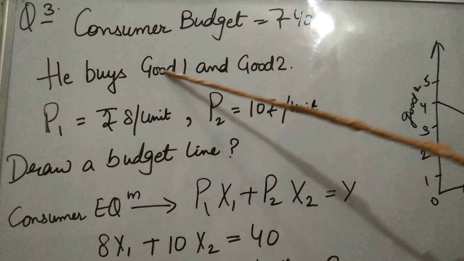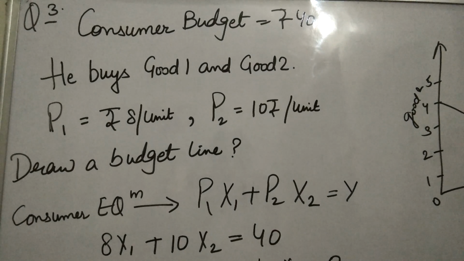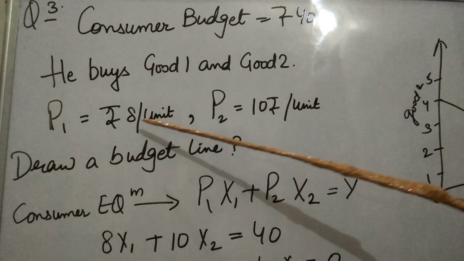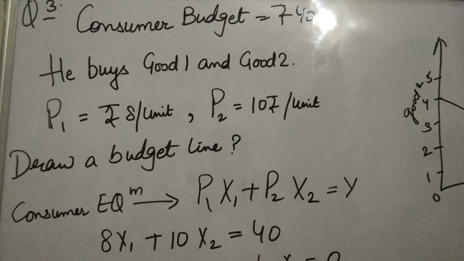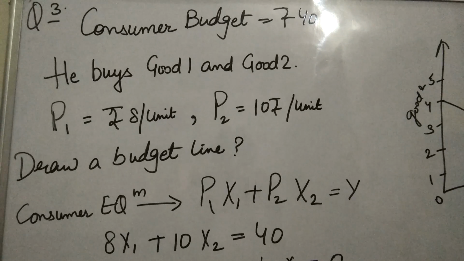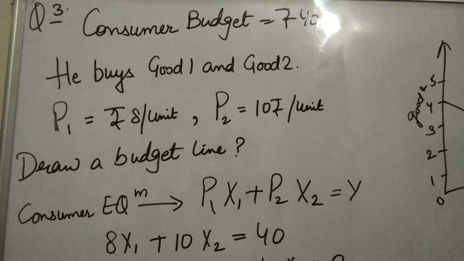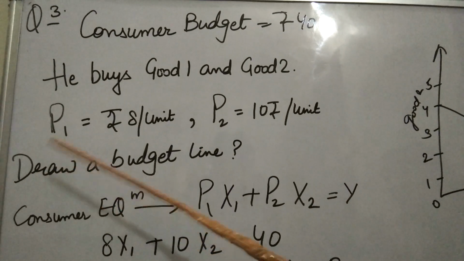Okay, this thing is clear because when we talk about IC curve analysis, there are 2 goods that are substitute goods. Price of good 1 is ₹8 per unit and price of good 2 is 10 rupees per unit.